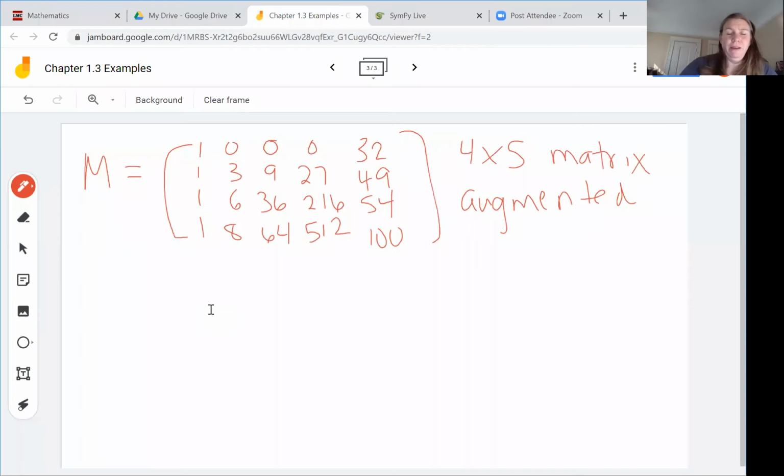We are going to head back into our Jamboard here in Google, our whiteboard, and write down our polynomial.